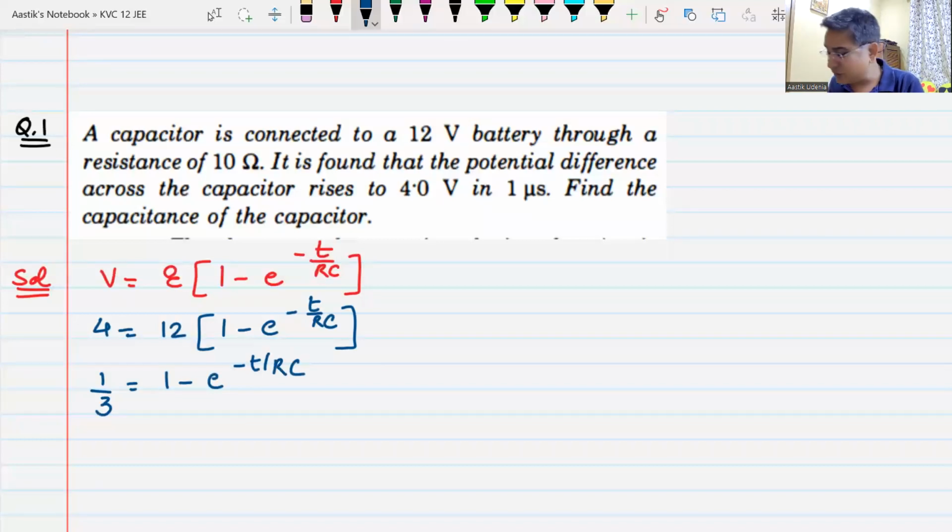It's all maths. Physics is nowhere. If you just see, physics finishes in this first step. After that, it is all maths. e to the power minus t by RC becomes 2 by 3.